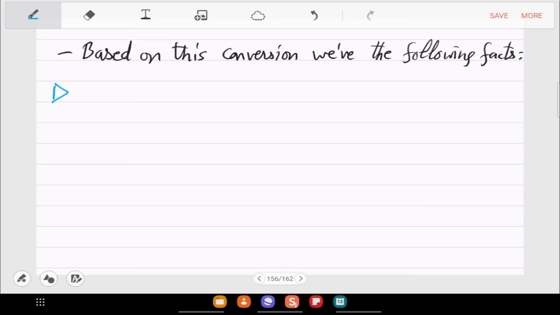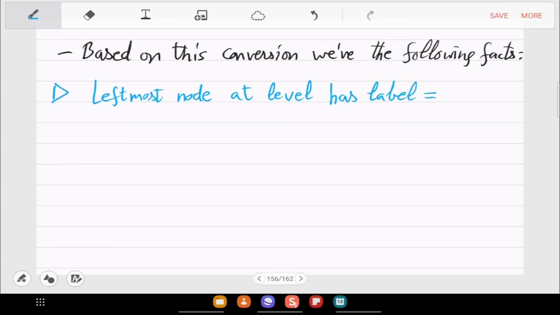So first is leftmost node at level L. What is the label on the leftmost node at level L? What do you read? 2 raised to L and then minus 1 down.